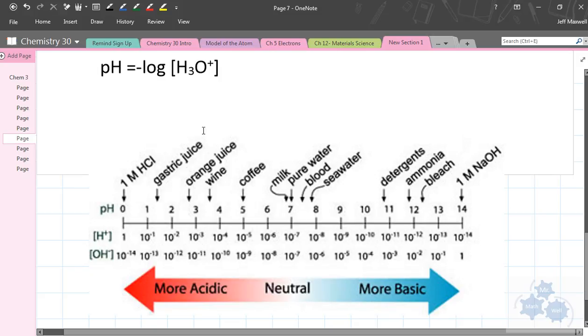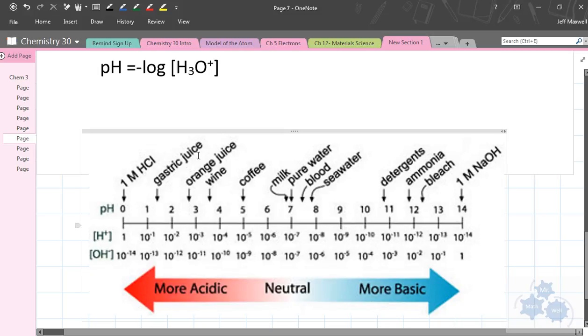In this case, with coffee, 10 is raised to the power of negative 5. You see negative 5 there? So logarithm means what exponent is this concentration raised to with a base 10? And coffee is raised to a power of negative 5. So when you add the negative in front of that, that negative 5 value becomes positive 5, because it's a lot easier to deal with regular old positive numbers than negative numbers. So a pH of 5 means that the hydronium ion concentration is 1 times 10 to the negative 5. That's what that means.